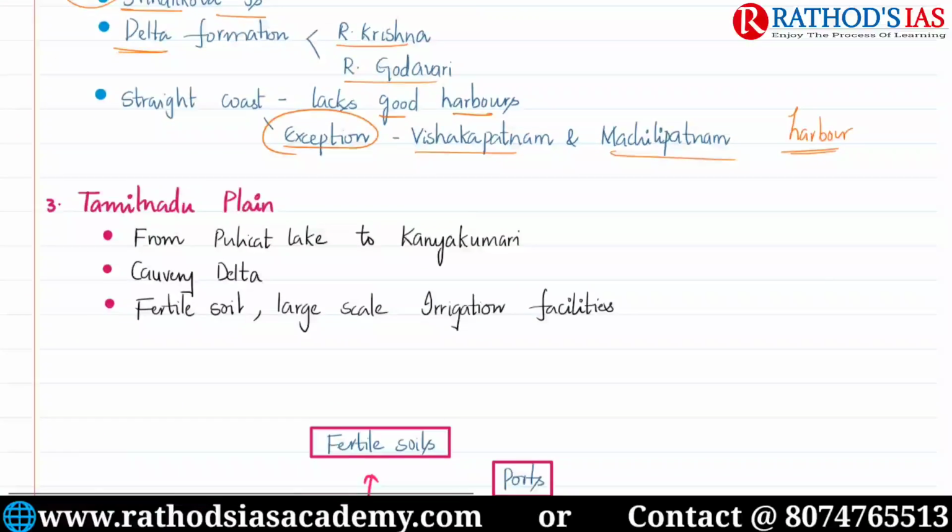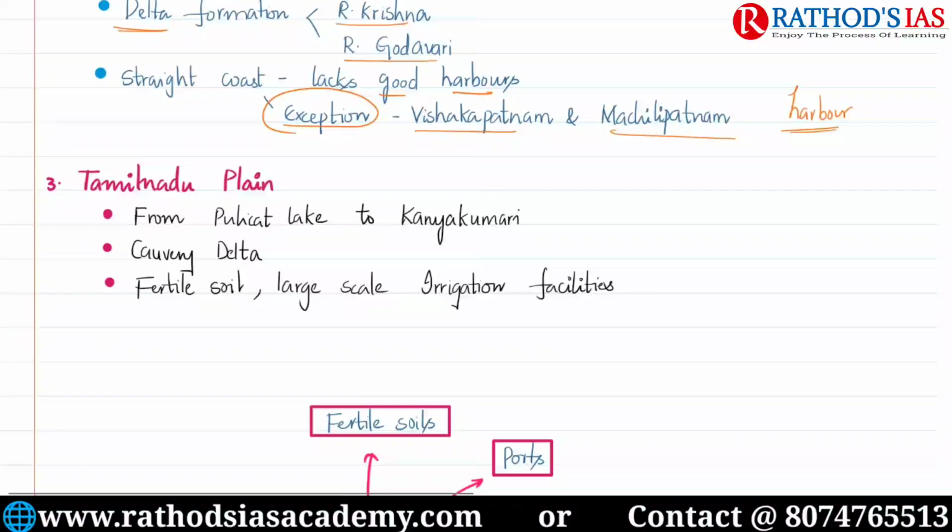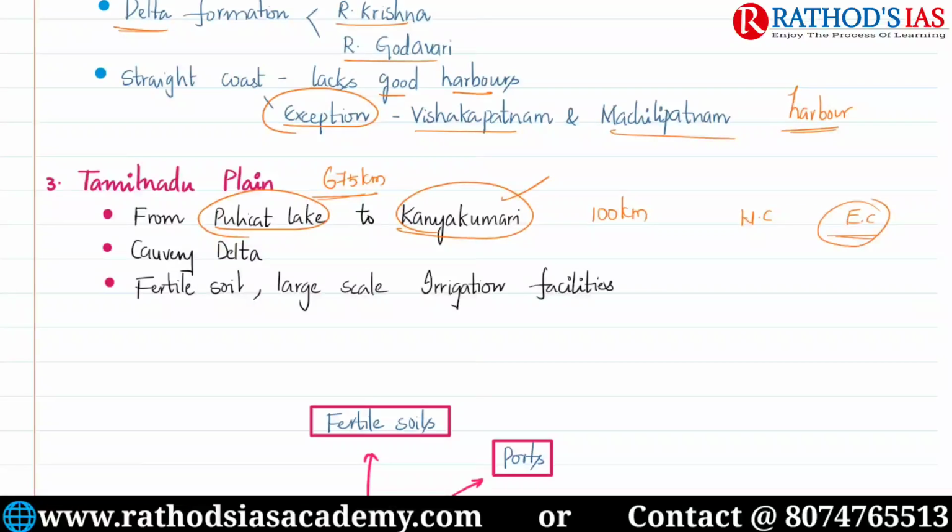And the next one is the Tamil Nadu plain, which stretches around 675 kilometers and extends from Pulicat Lake to Kanyakumari. The average width here is 100 kilometers, so compared to the western coast, the eastern coast is wider. An important feature here is the Kaveri Delta.